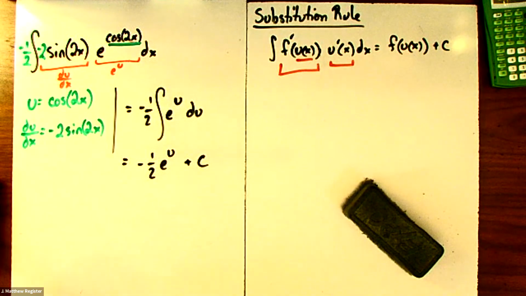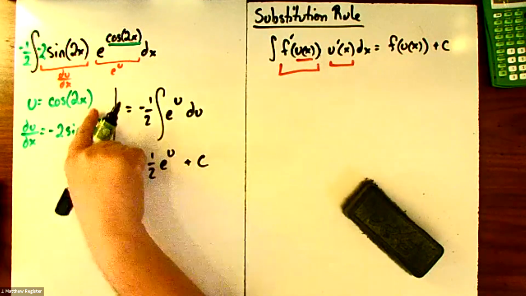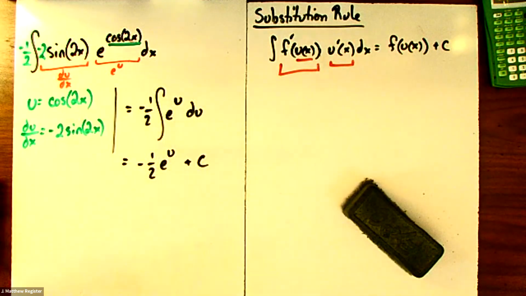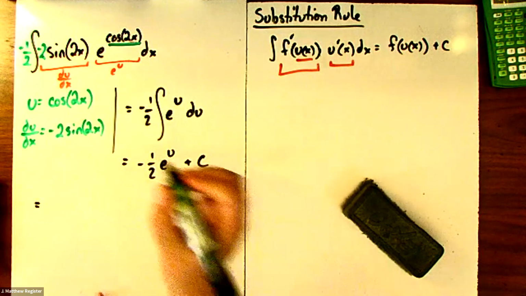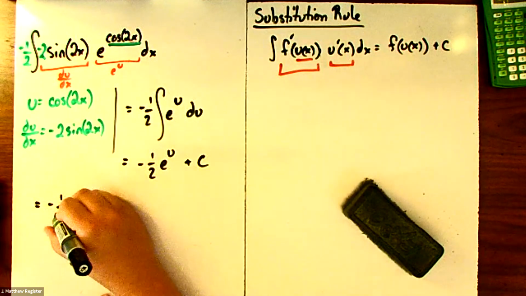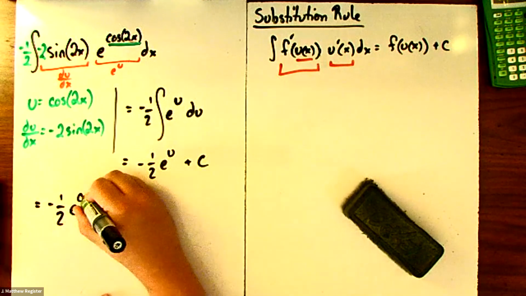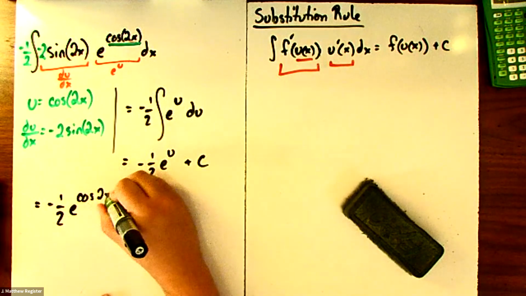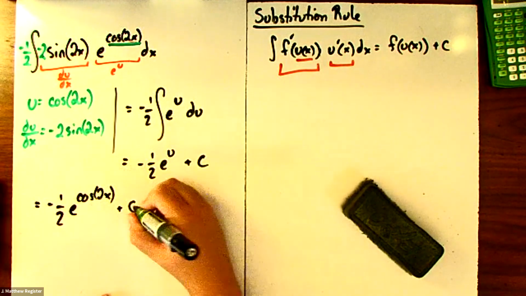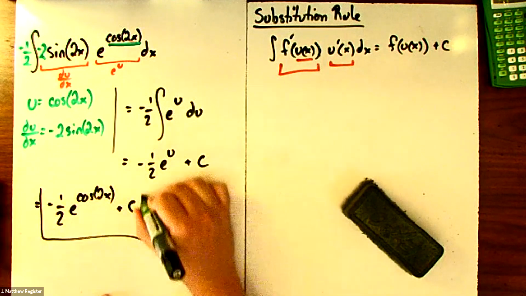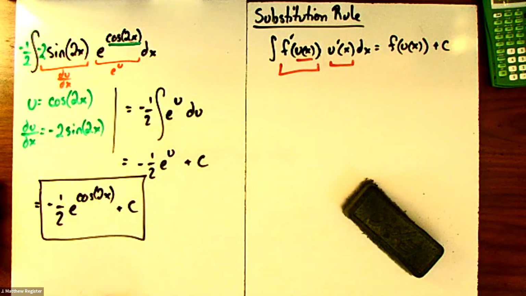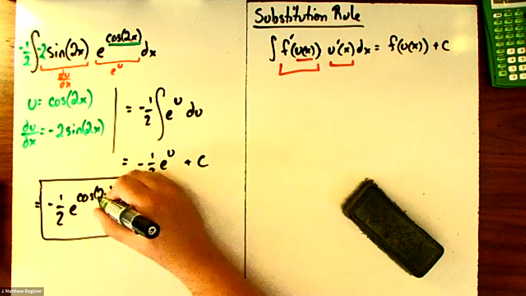And then as our final step, we have to remember to replace our u. And so our u was cosine of 2x. And so we would get a final answer of negative 1/2 e to the cosine of 2x plus c. And that's our answer.